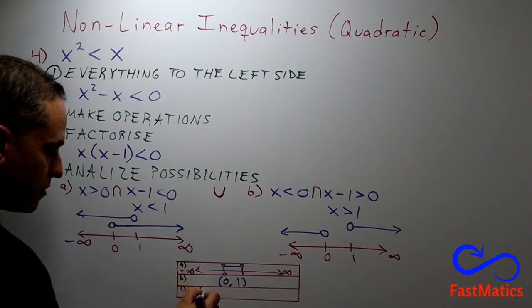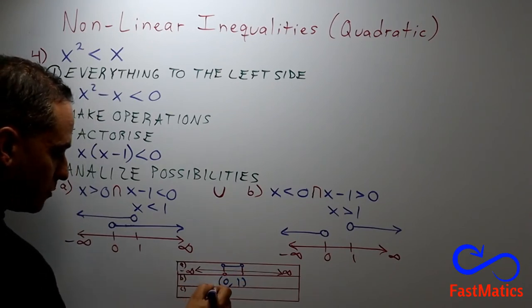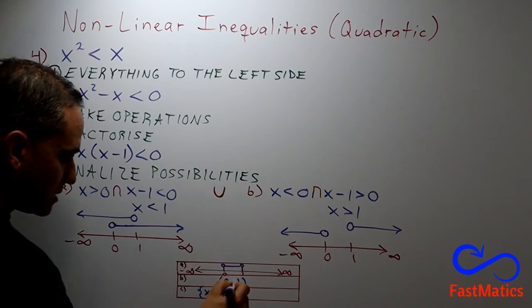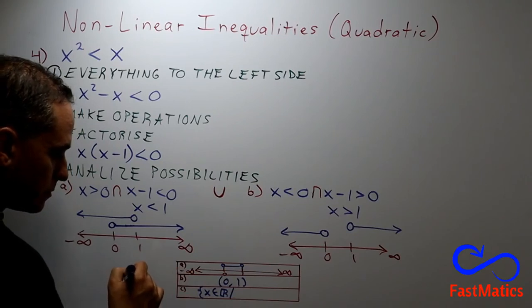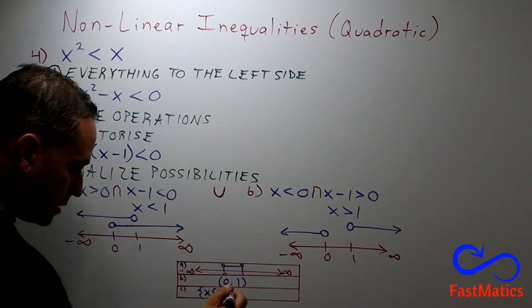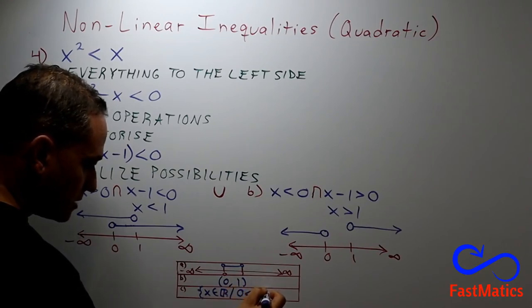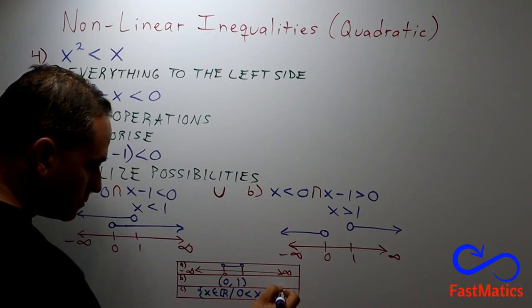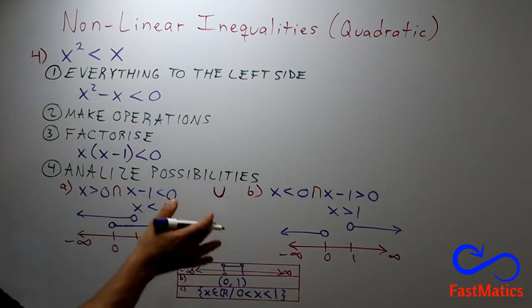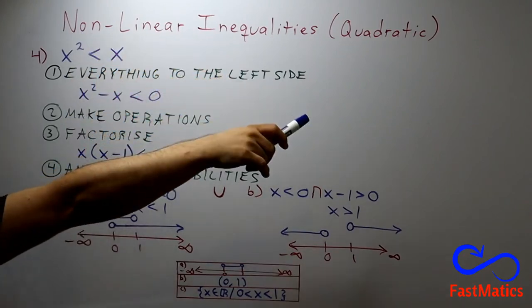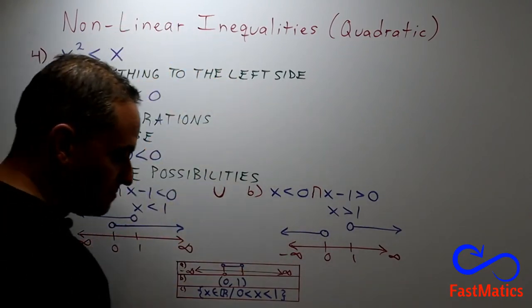Another way, the set of numbers that are elements of the real numbers, such that x is greater than 0 but x is less than 1. And that's it. Another method for calculating nonlinear inequalities.